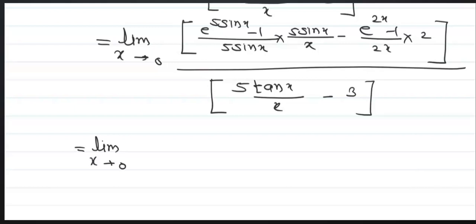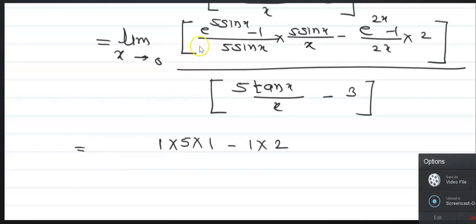That is the limit x tends to 0. म्हणजे इथे जर आपण बघितलं की e raised to 5 sin x minus 1 upon 5 sin x, म्हणजे हा कुठला रिझल्ट झाला e raised to x minus 1 upon x, त्या टाईपचा झाला. म्हणून याचं लिमिट किती आलं तर 1 आलं. 5 into sin x upon x, sin x upon x याचं लिमिट 1 आलं. दॅट इज हा 5 आणि याचं लिमिट 1 आलं. मायनस e raised to 2x minus 1 upon 2x.